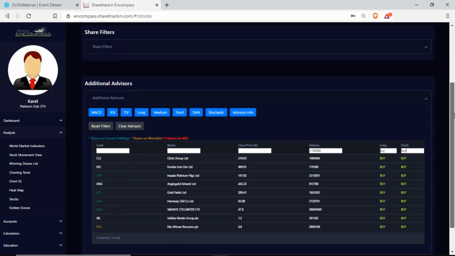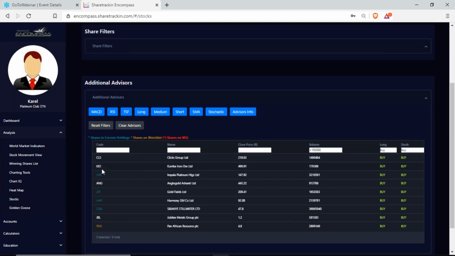Now, if we look underneath the codes, you will note that some of the codes are in white, some in blue, and some in orange. This brings us back to these three colors on top.